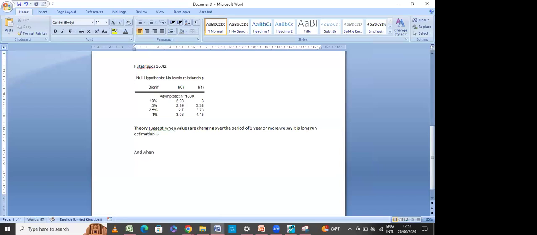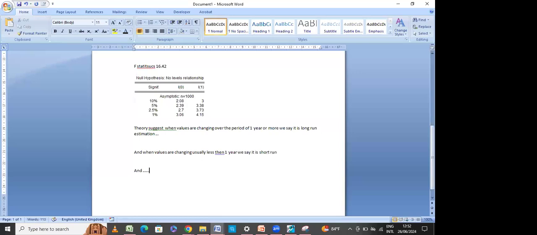And when values are changing usually in less than 1 year, we say it is short term.